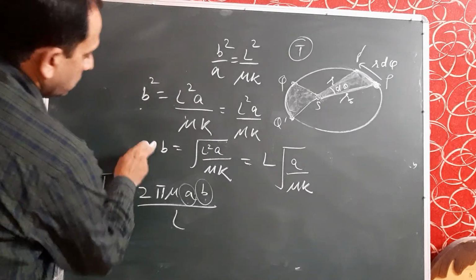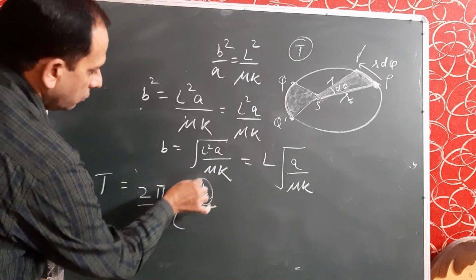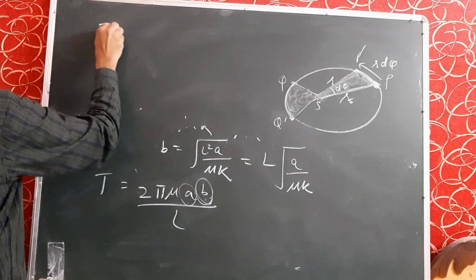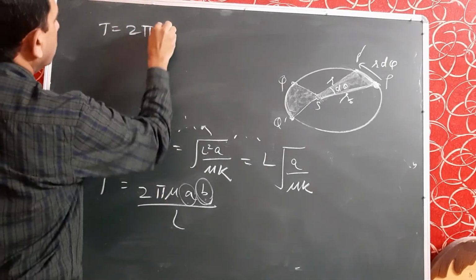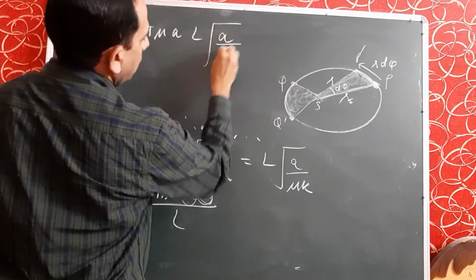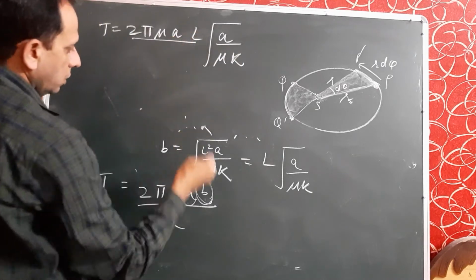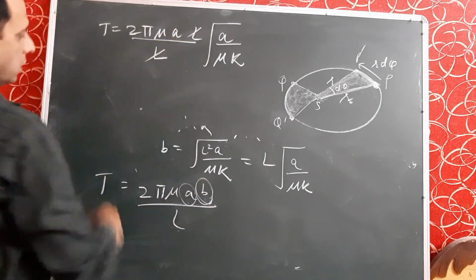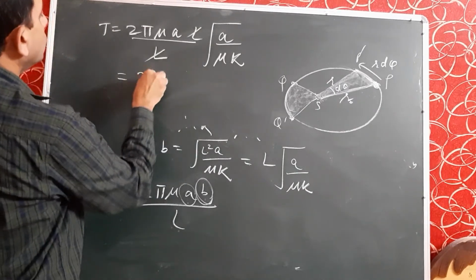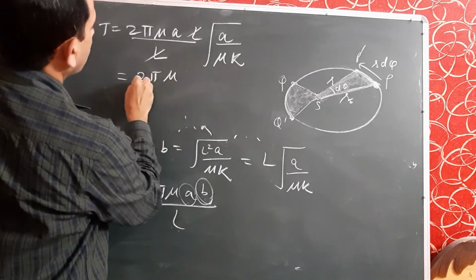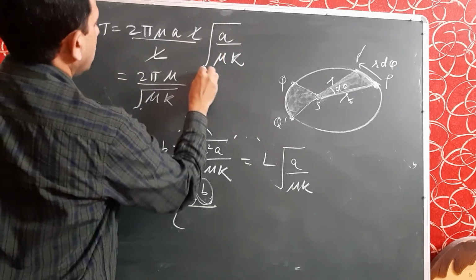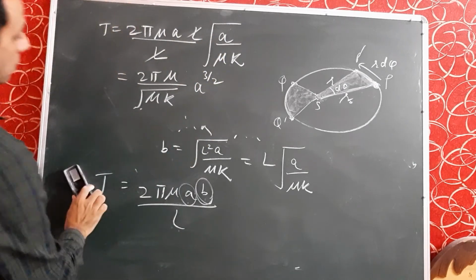So putting this value of b in this time equation, we will get finally T is equal to 2 pi mu a into b, b means L under root of a over mu k, over L. L will cancel out and the remaining part is 2 pi mu over square root of mu k, into a, square root a, that is a raised to power 3 by 2.